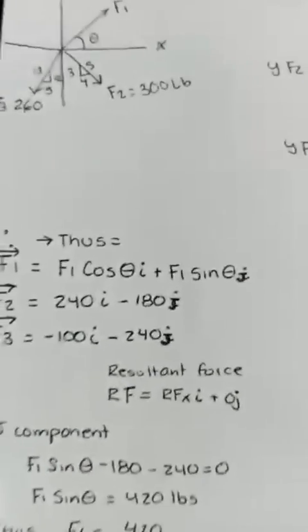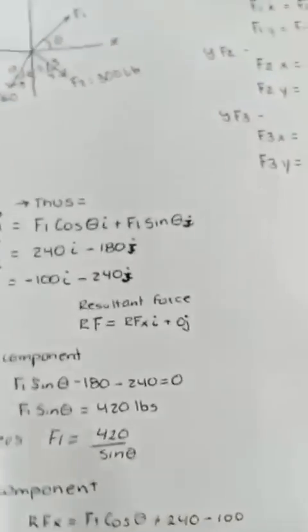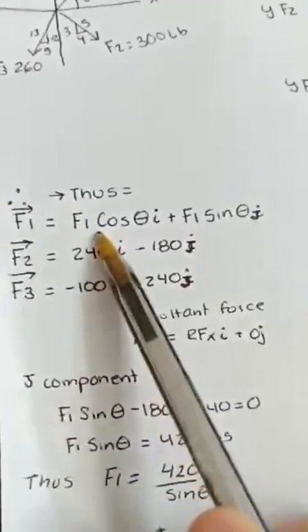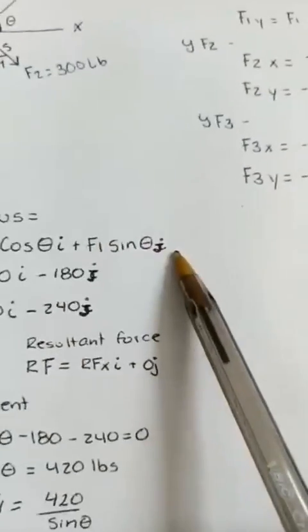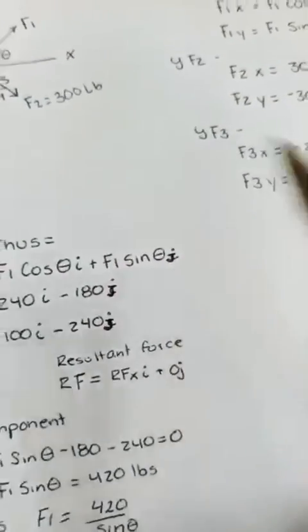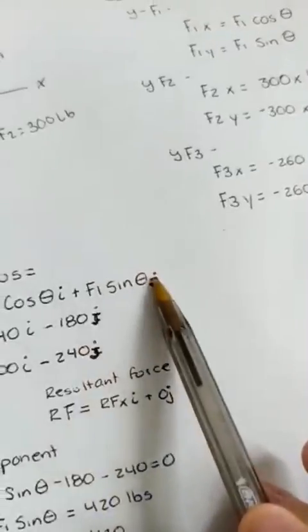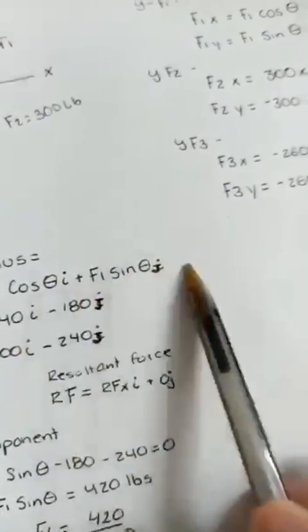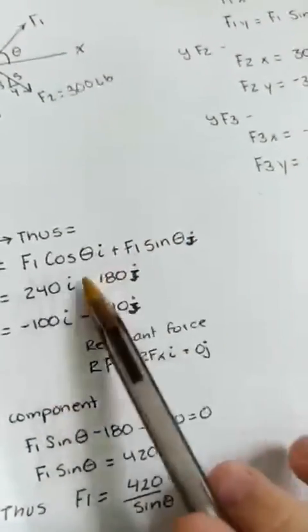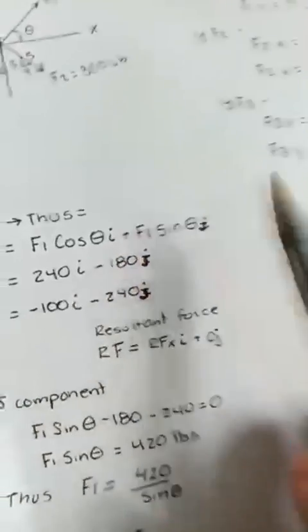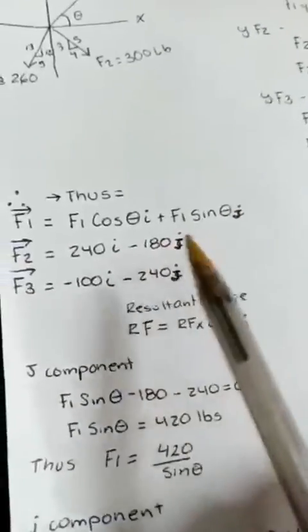Now you take your values here, and F1 is F1 cosine of theta i plus F1 sine theta j. I just added this so it's easier for me to understand, because I don't want to use x and y respectively at this moment. So I just added i and j.